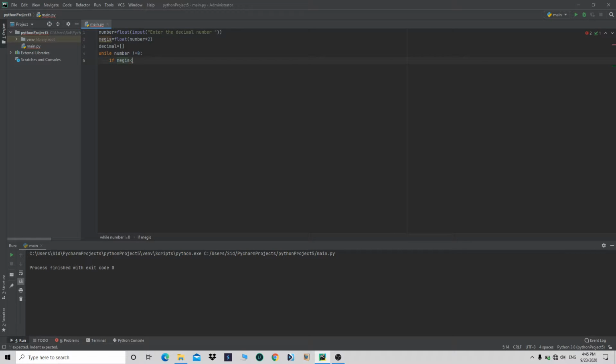less than 1 and not equal to 0.5. I'm going to explain why I'm setting it not equal to 0.5 in a few minutes. The first time I messed up, so that's the solution: not equal to 0.5.